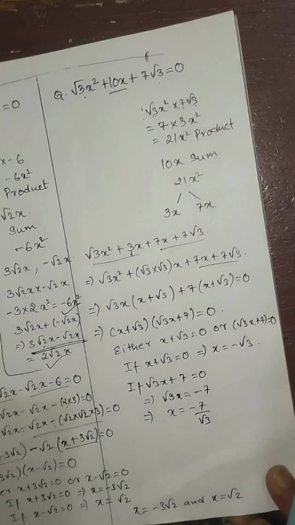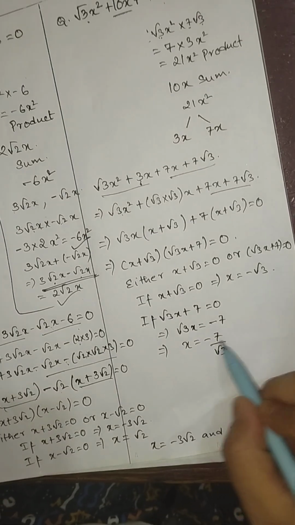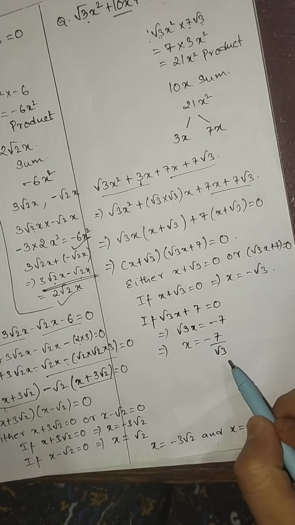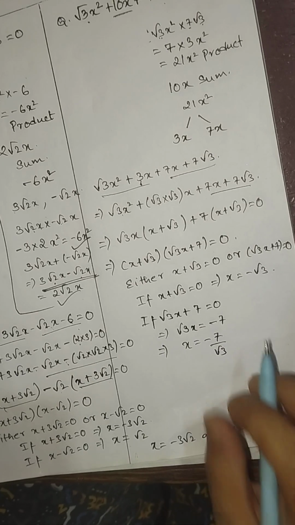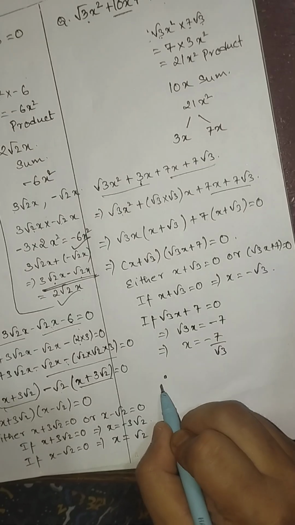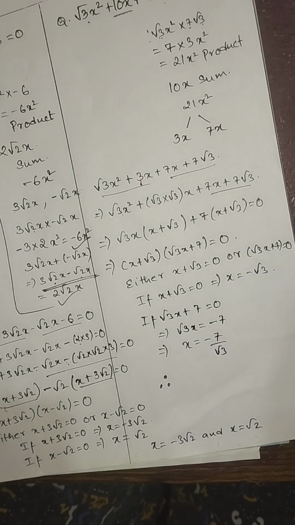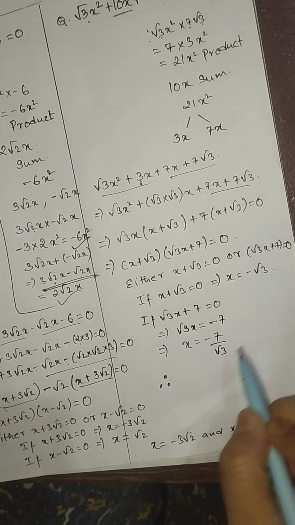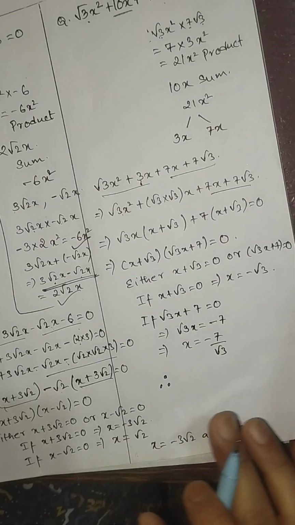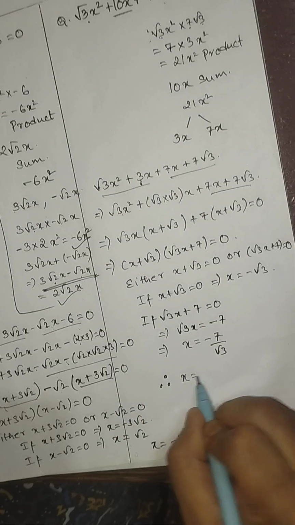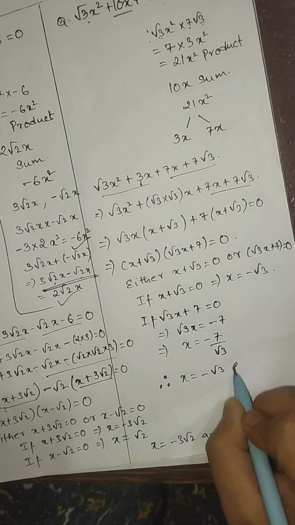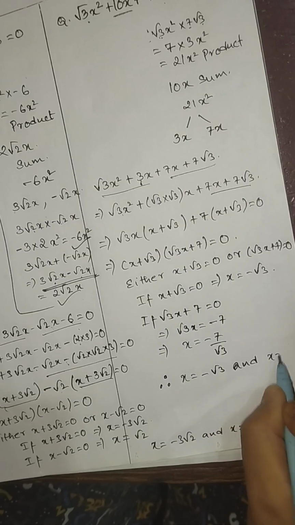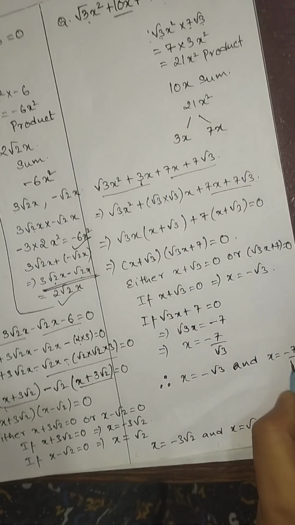And many students used to ask me, sir, after we get this kind of numbers, do we need to rationalize the denominator? Because they are taught like that. Yes, but in this case, you can leave it as it is. Okay, so I understand what's on your mind. So therefore what we are going to write is x is equal to minus root 3 and x equals to minus 7 by root 3.